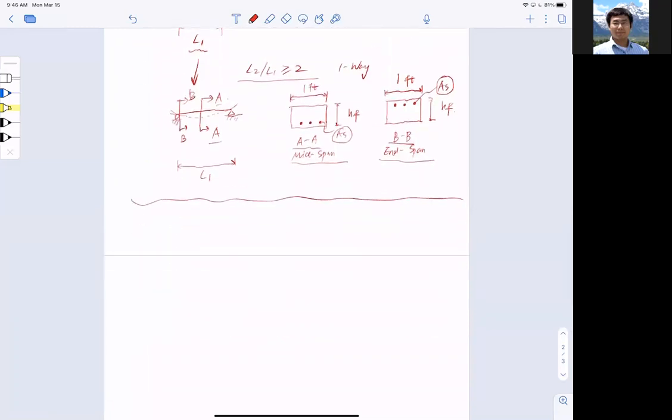And so we're going to introduce a new concept for the slab, right? Since this is 1 foot, 1 foot, we are going to determine how much reinforcement we put in this 1 foot distance. This is different from the beam because in a beam, we actually have a width.